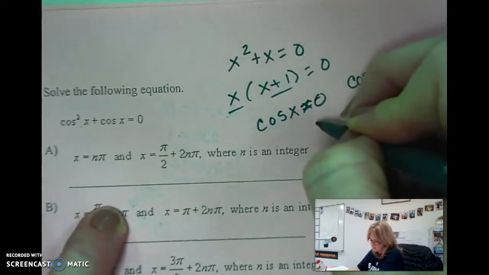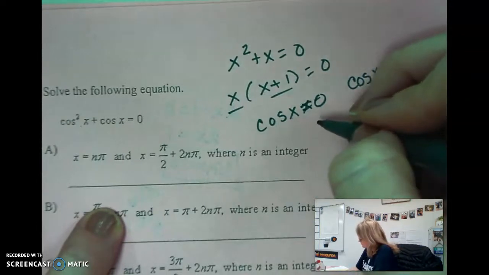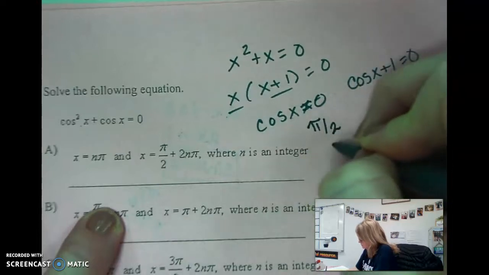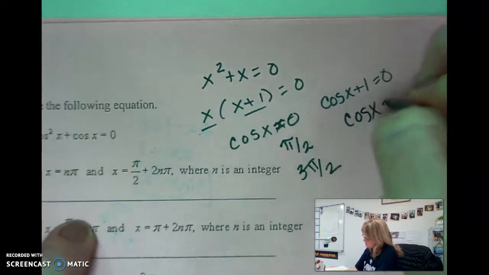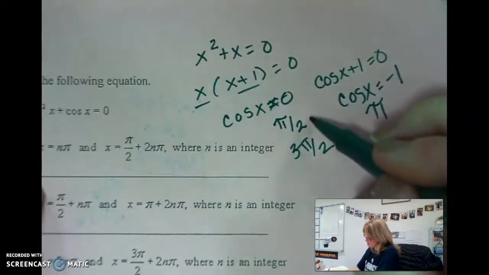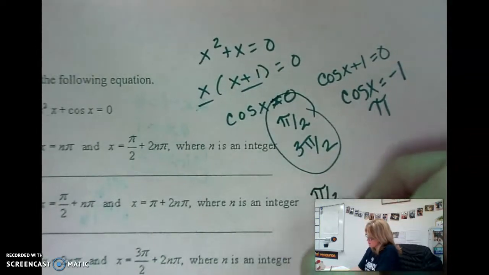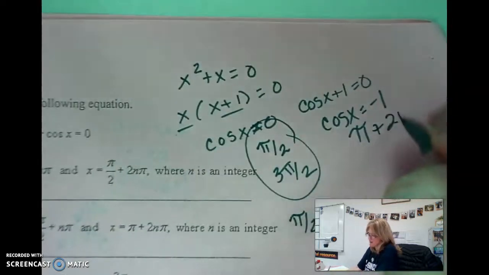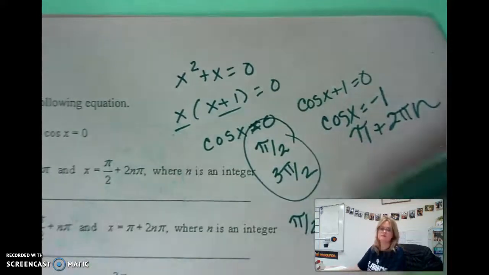Well, cosine equals 0 at, remember, your x value, at 90 degrees or pi over 2, and also at 3 pi over 2. When does cosine of x equal -1? That happens at pi. These are across from each other on the unit circle. So this would be at pi over 2 plus pi n, and this happens every 2 pi n. So now when we're looking for that answer, it is B.